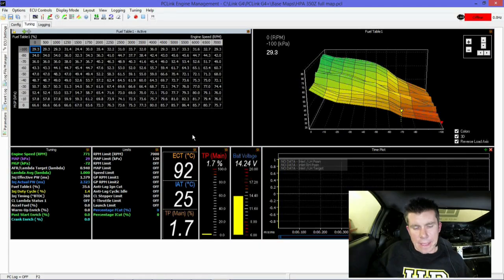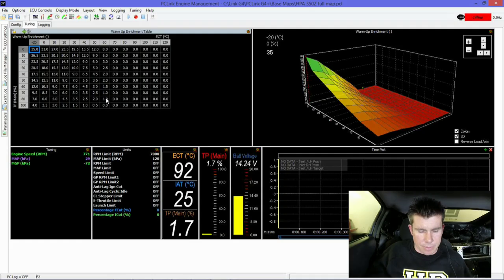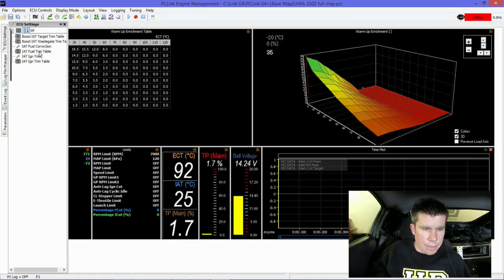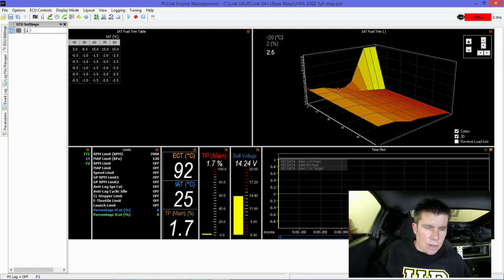Let's have a quick look as well, while we're at it, at the Link G4 Plus software. For the most part, the ECU offers all of the same parameters, such as a warm-up enrichment table, and an IAT fuel trim table. Another thing we can do for safety and to help protect the engine is set up an IAT ignition trim table.